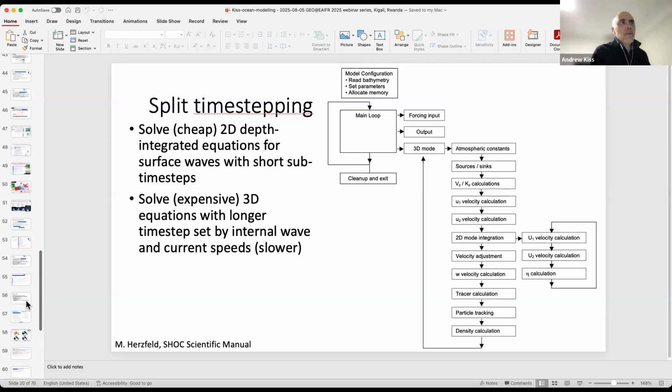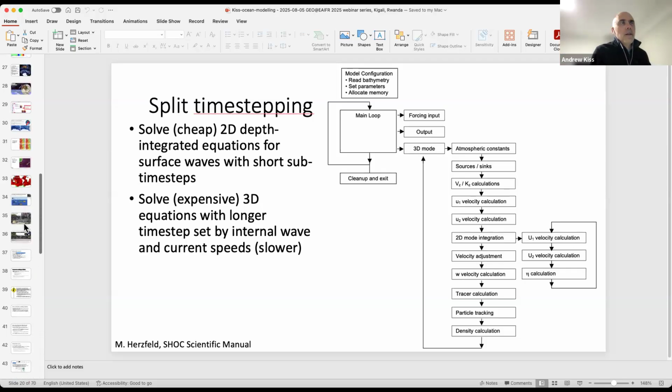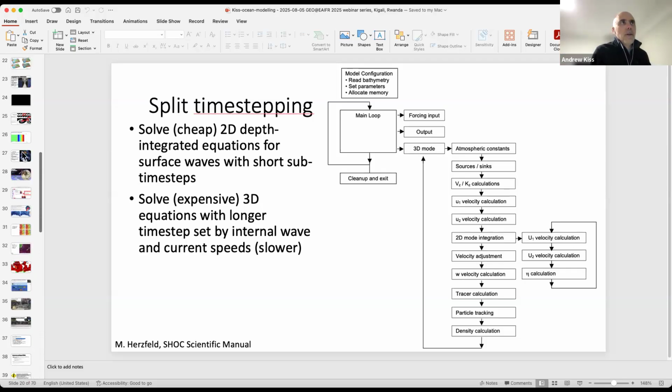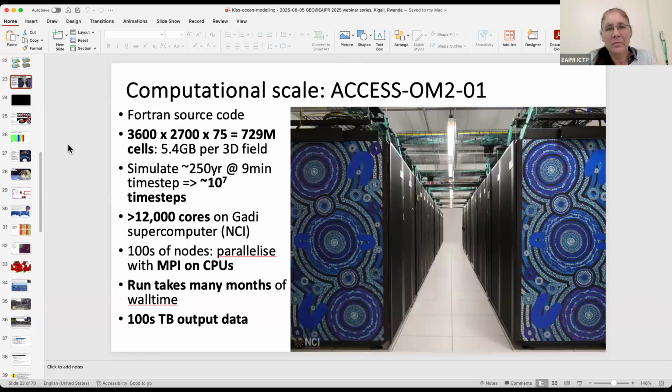Because we've got hundreds of terabytes of data, you don't want to download that onto your local computer because you can't. So the analysis also runs on the supercomputer. The principle here is you move the computation to the data rather than moving the data to the computation.